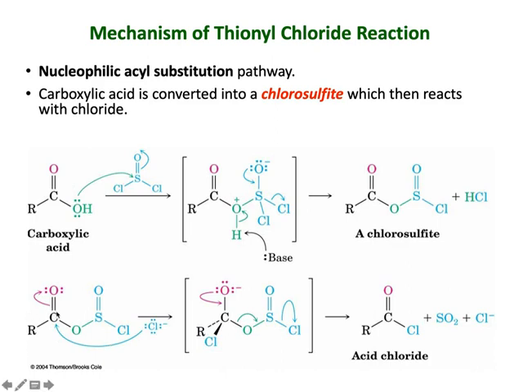Cl attaches on the carbon, the pi bond cleaves, and O minus forms. So this one is the intermediate. Then the O minus moves to this single bond and expels the Cl. So this is the end product of the thionyl chloride reaction.